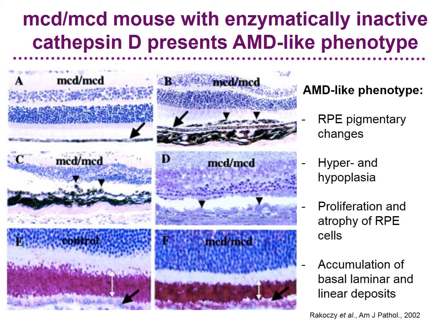A transgenic mouse line, MCD, expressing a mutated form of cathepsin D, an enzyme that is active only at the acidic pH of the lysosomes, and 95% of photoreceptor outer segments are degraded by cathepsin D also in humans. In these mice this cathepsin D was enzymatically inactive, which resulted in the impairment of the processing of phagocytosed photoreceptor outer segments in the RPE cells.